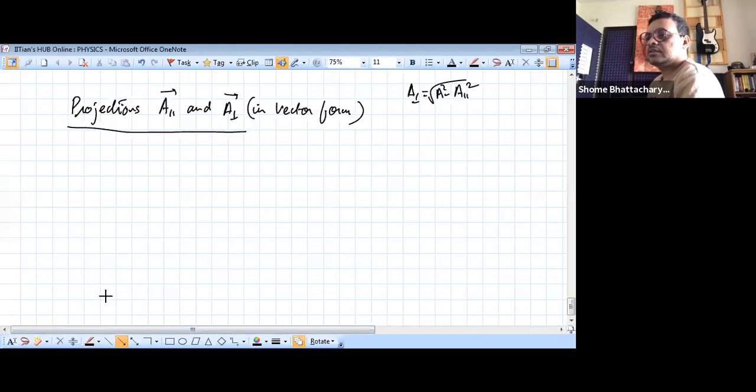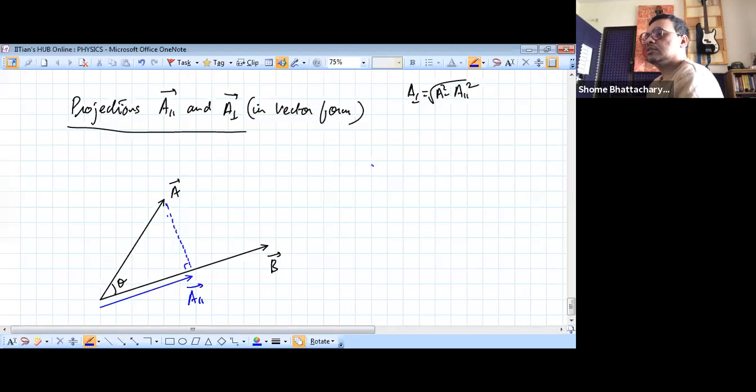So again notice that when we drop this perpendicular here, this projection vector that we get is E parallel.